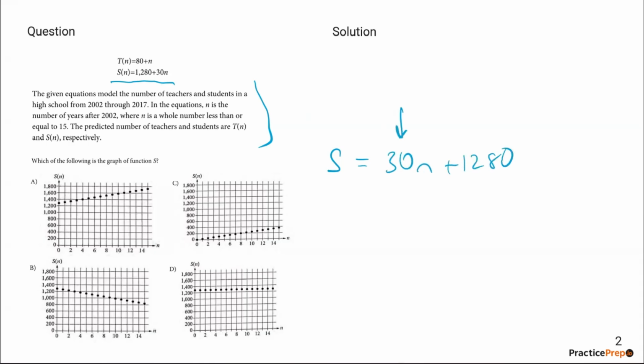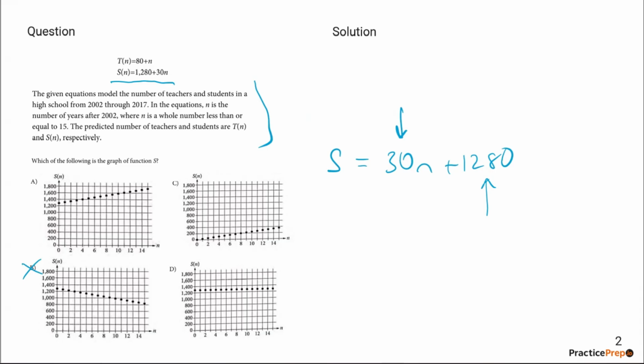And 30 here is the slope, while the 1280 is the s-intercept. The slope is positive, so the line has to be going upward. B is eliminated. And the y-intercept is 1280.